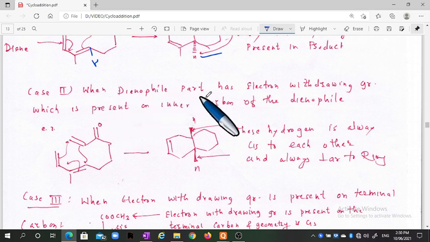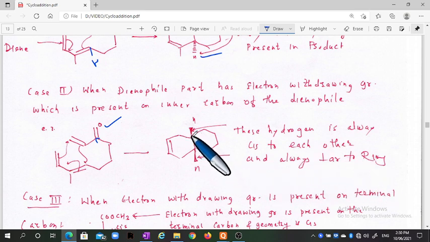Second condition, when the dienophile part has an electron withdrawing group present on the inner carbon of the dienophile. This is the inner carbon. Then both hydrogens are away, always cis to each other and always perpendicular to the ring.